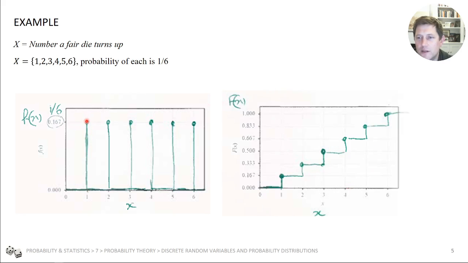And from that we can calculate the cumulative distribution. So the cumulative distribution is the sum of all these probabilities. So as x equals 0, it starts out at 0, and it continues at 0 until we get to our first value when the outcome is equal to 1.